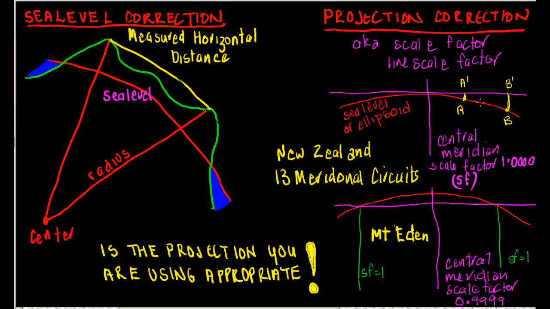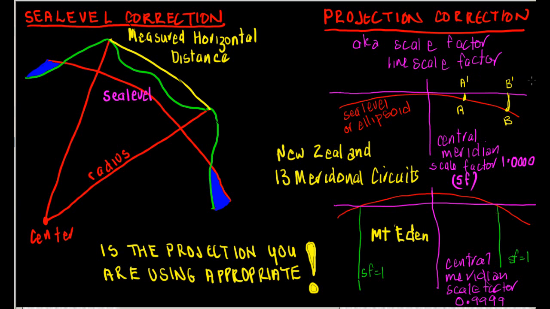Now, in New Zealand we have 13 meridional circuits. We use a transverse Mercator projection, and the parameters of that are fairly widely available. Now, in 11 of the 13 meridional circuits we have a central meridian, and the scale factor on the central meridian is 1, and this is represented by this diagram here, in 11 of the 13 meridional circuits.